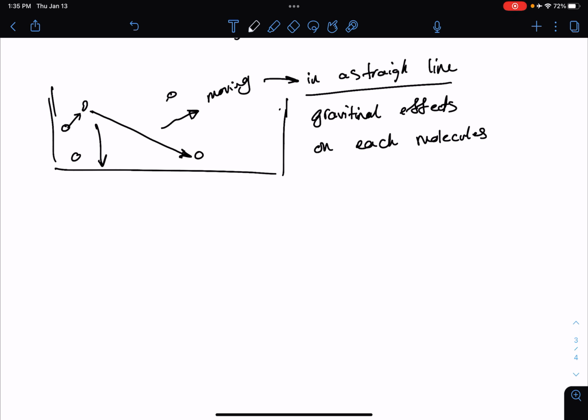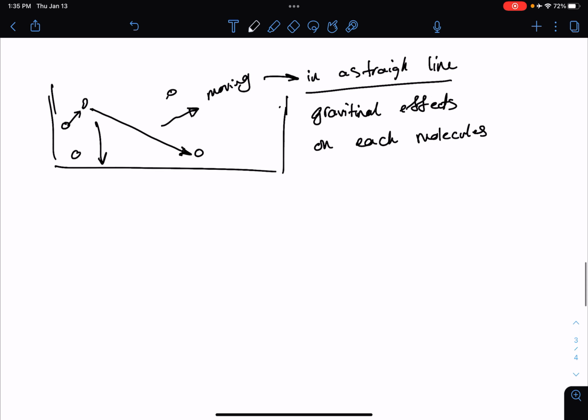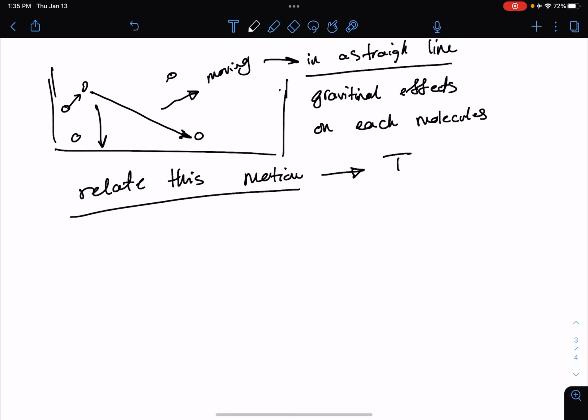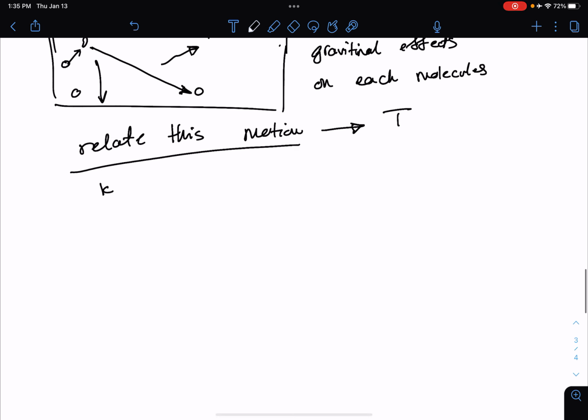So what we want to do here is to somehow relate this motion to this new quantity, temperature. So we have to find the kinetic energy first for the whole system, then we can relate it to the temperature of the system.